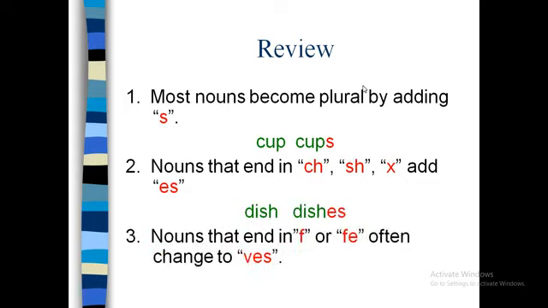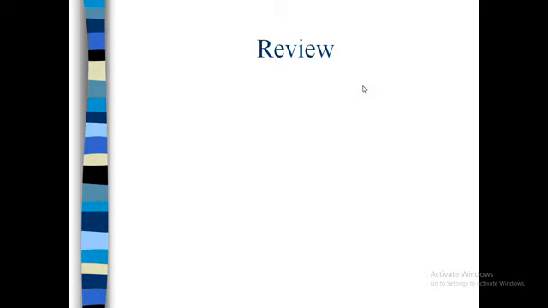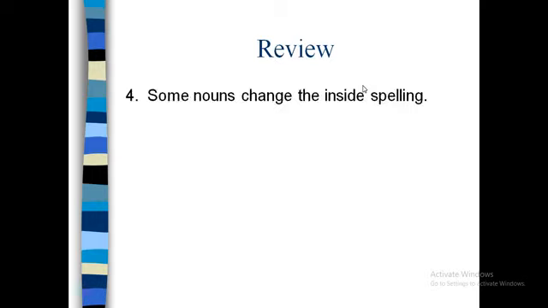Rule number 3. Nouns that end in F or FE often غالبا ما تقلب إلى VES, like knife, knives. Now, rule number 4. Some nouns change the inside spelling, like woman, women.